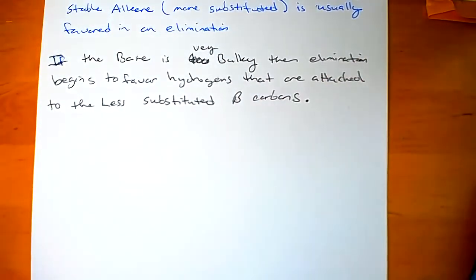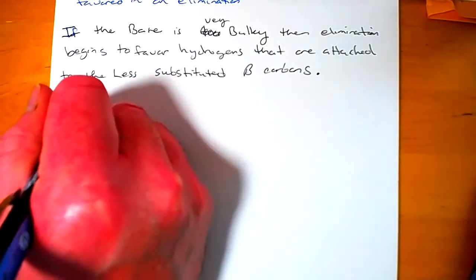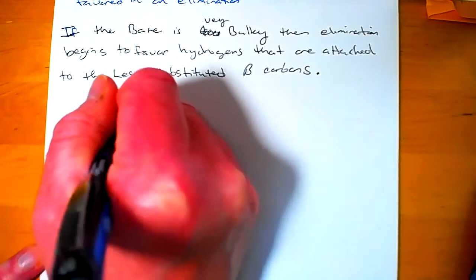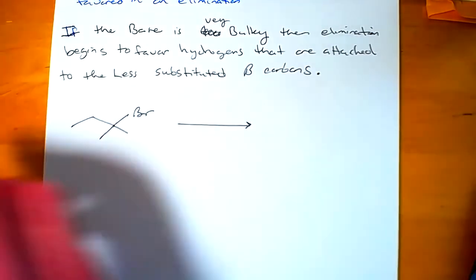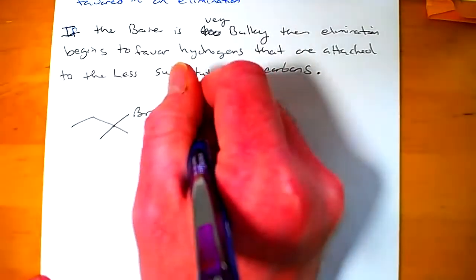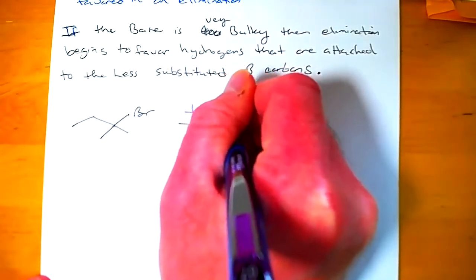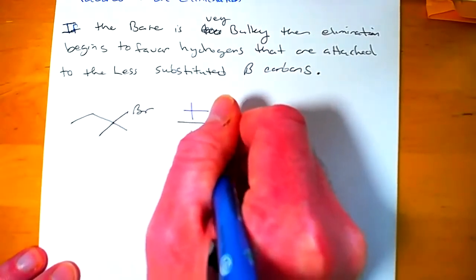Okay, so if we were going to look at that compound again, that same alkyl halide, but we were to now treat this with a different base, and this time we're going to use potassium tert-butoxide, and this will generally be run in tert-butanol.